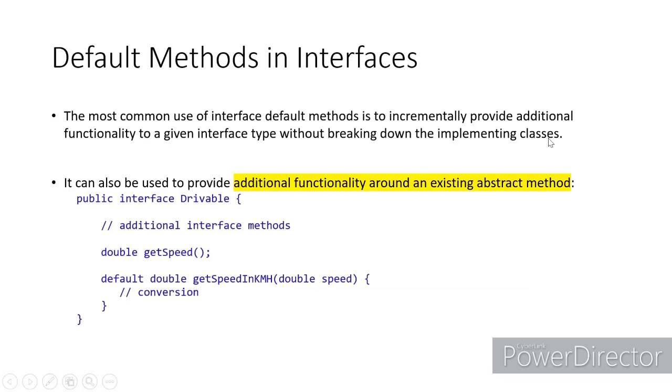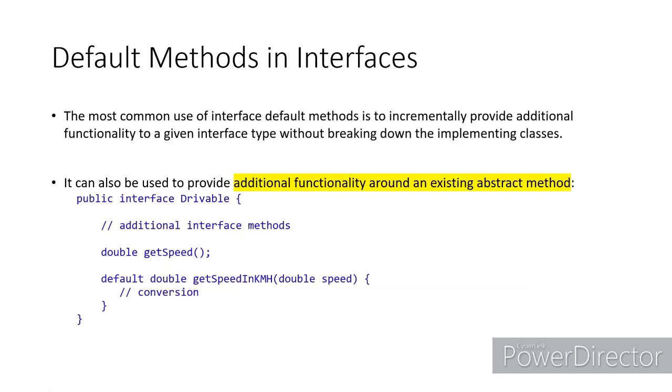Now, what else can we do? It can also be used to provide additional functionality around an existing abstract method. For example, suppose there was an interface called drivable, anything that you can drive, with a method called getSpeed. Initially my drivable interface only had a method called getSpeed, which was giving speed in some different unit.